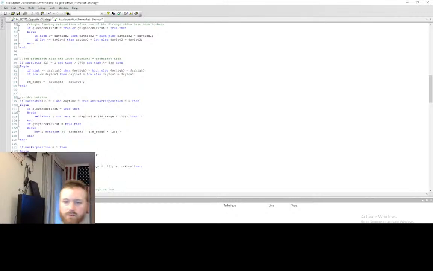So risk box equals entry long minus Globex low. So that's my entry long price. Risk box is entry long minus the Globex low. That whole area, that's my risk box. That's a very large risk box. And I would like to also print that.